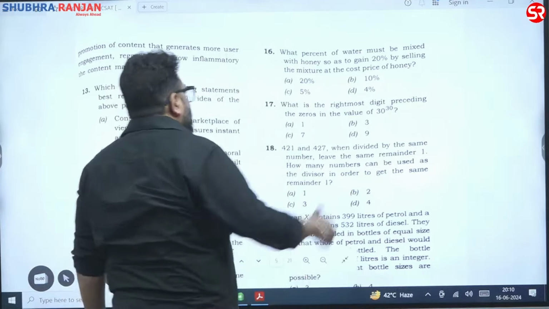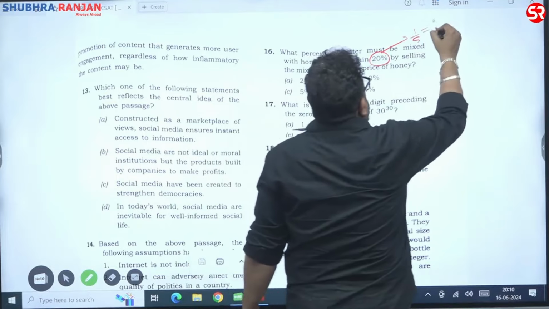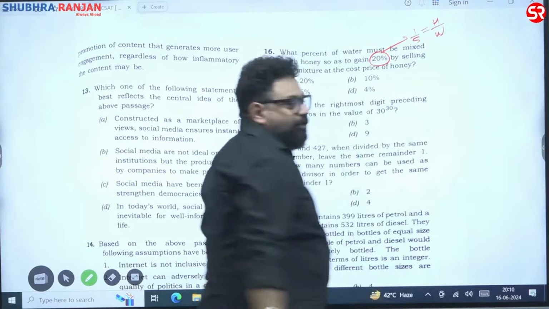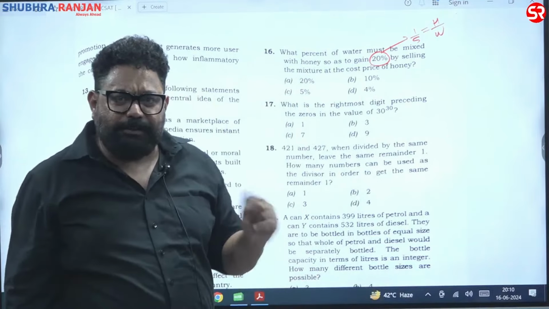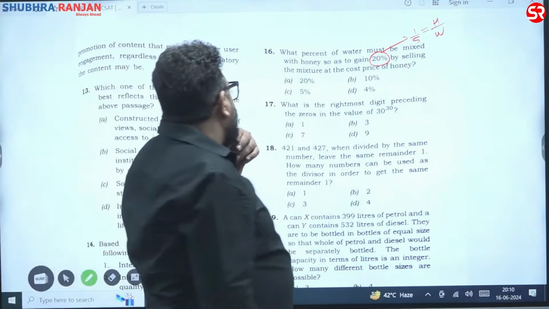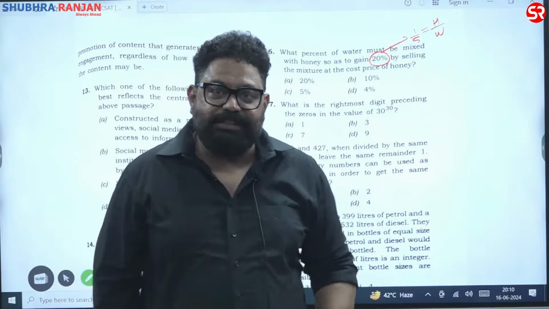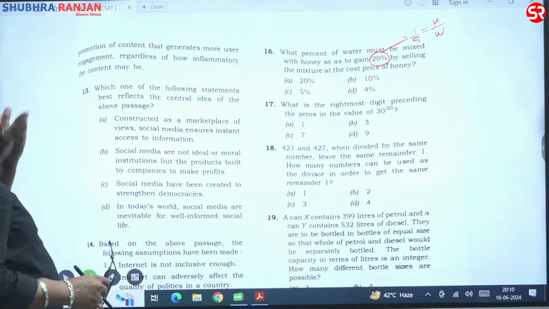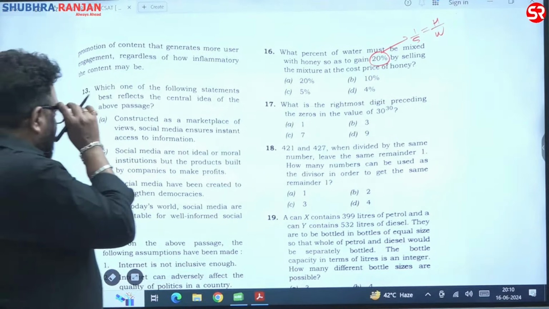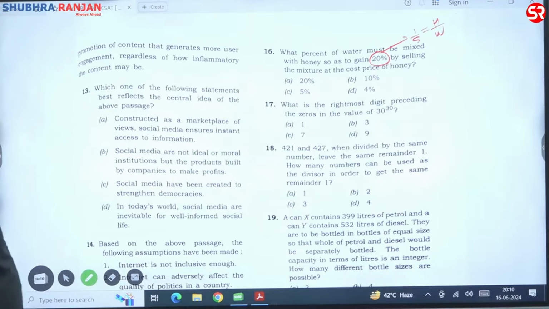You know one thing, I said 20% is what? 1/5. So honey is to water would be 1/5. If you go back to the classes, you know we have done it. And by selling the mixture at the cost price, the keyword was selling the mixture at the cost price, right? So 1/5. So he says what percent of water must be mixed with honey so as to gain.